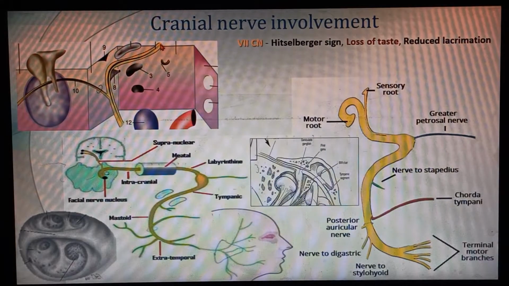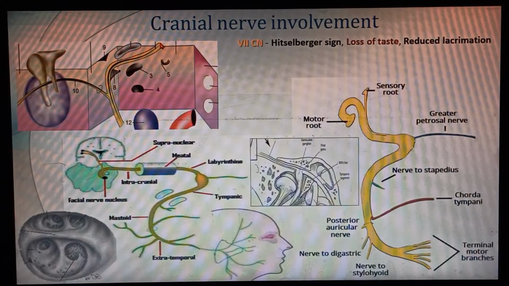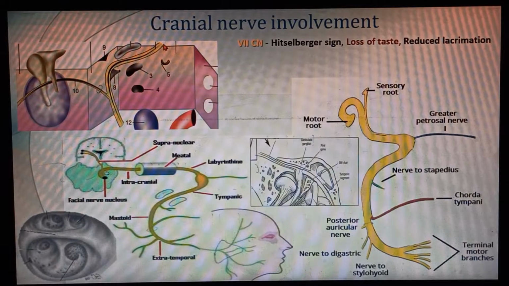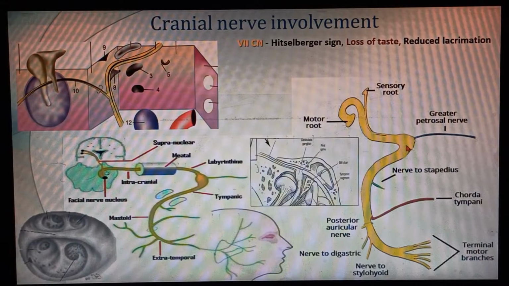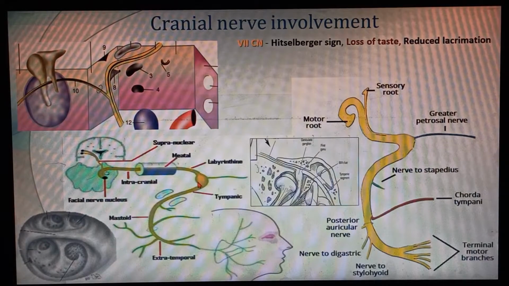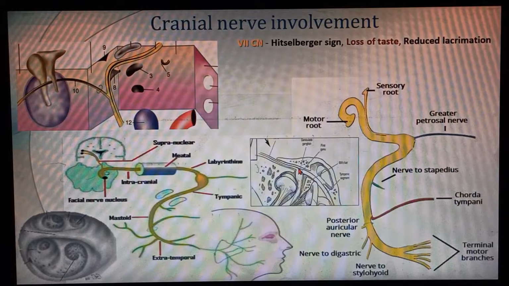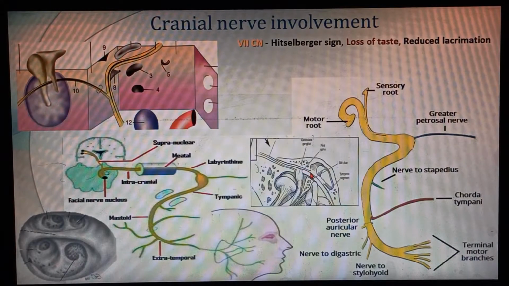So when this enters the middle ear, there is a ganglion formation that is called the geniculate ganglion. This area, where approximately a 135 degree turn is made, is your geniculate ganglion. From here there is a branch given. So you can see the facial nerve running and turning over the medial wall of the middle ear, running posteriorly.